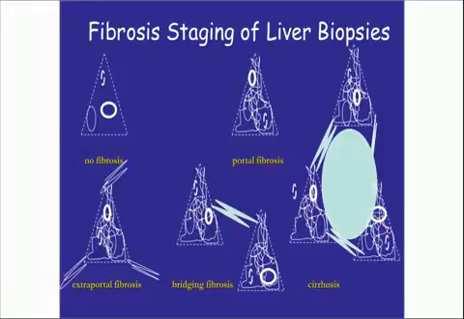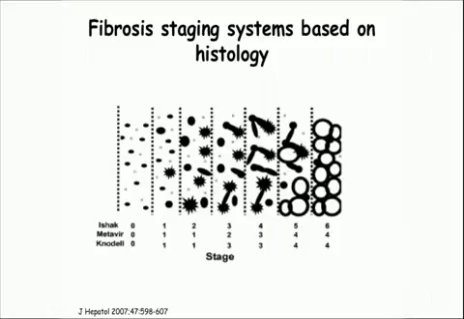All of this will then translate into fibrosis, and this is one of the easiest fibrosis stages that we have, which is the Metavir score, where 0 is no fibrosis. Then you've got portal fibrosis. It then works out from the portal tracts, and you start to get portal bridging, and then portal central bridging, and then eventually it all ends up in nodule formation or cirrhosis.